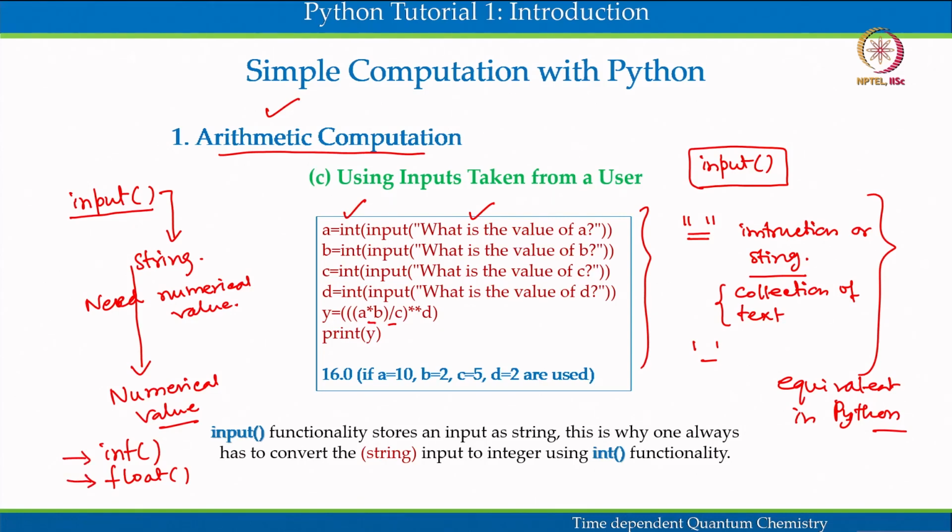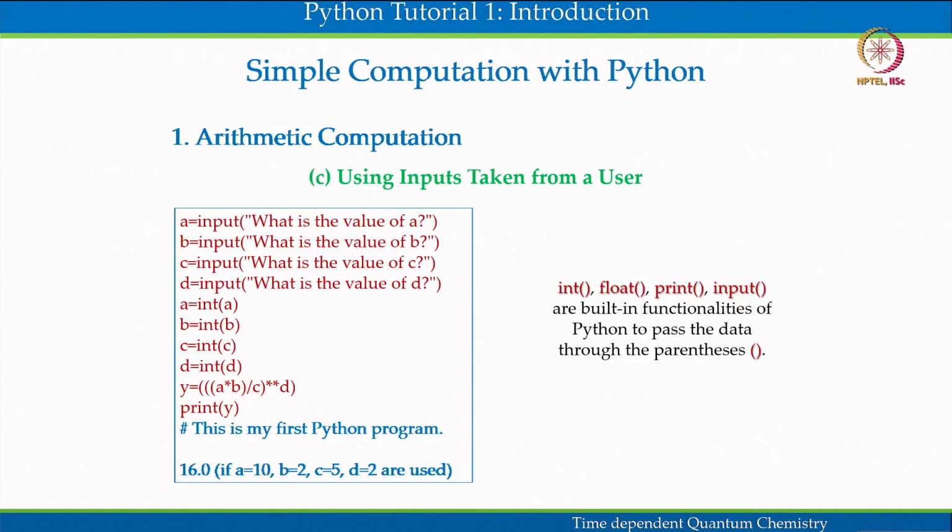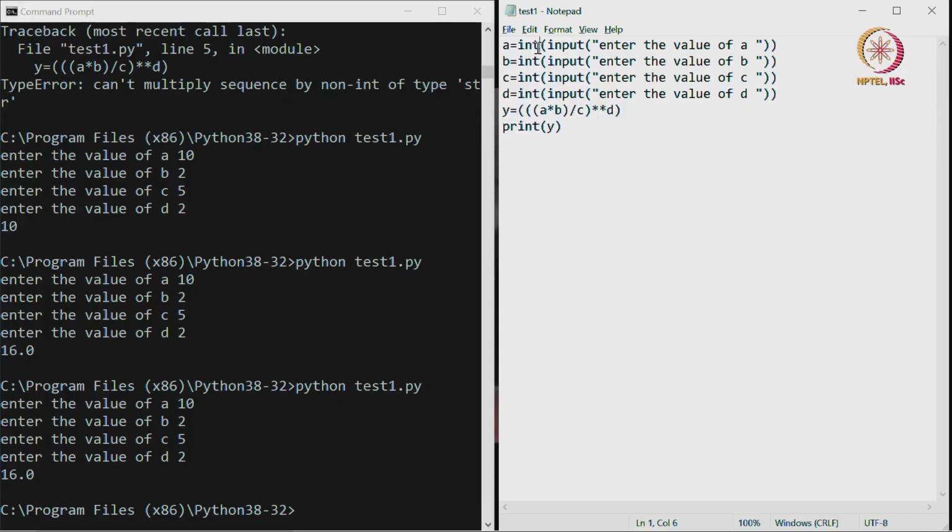Now this can alternatively be done in a slightly different way, on different lines, and I'll show that right now on my laptop. Instead of placing them in the same line, I can always update the value. So initially A, B, C, D values will be taken from the user, and then we will update those values with the desired format.